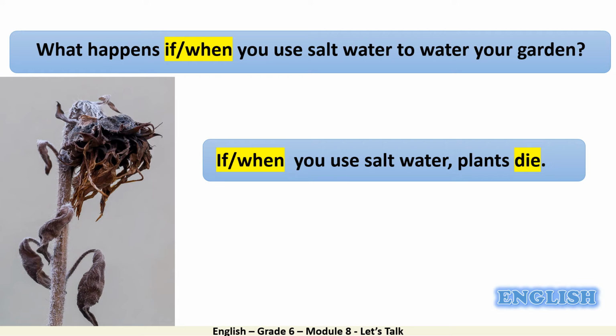This is also a truth. So, here, as in the previous sentence, we have present simple in the first part, which is the if or when clause, and also we have the present simple in the main clause, plants die.